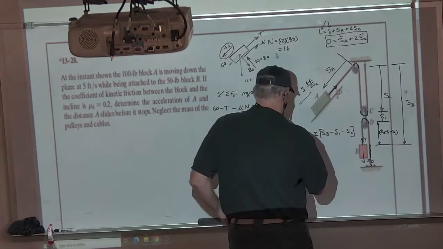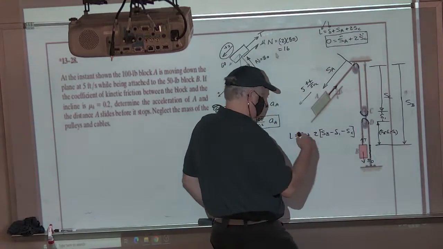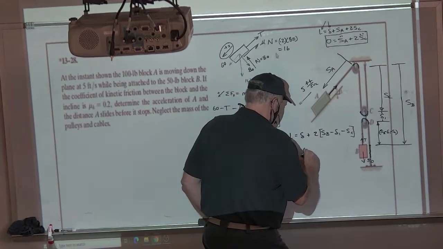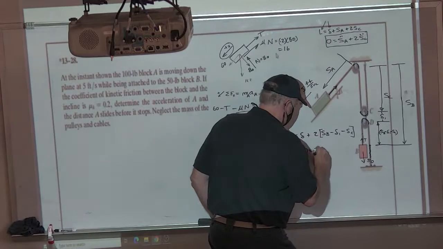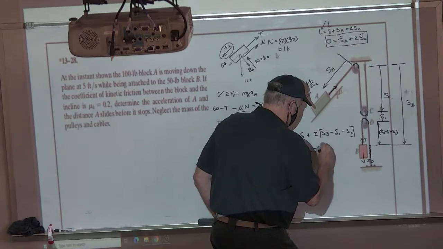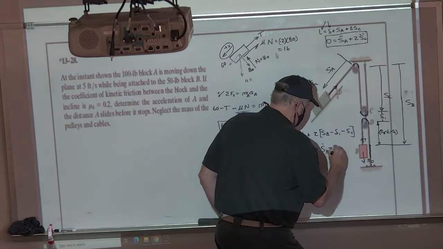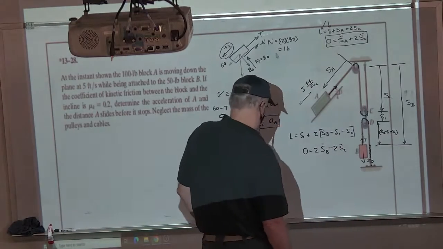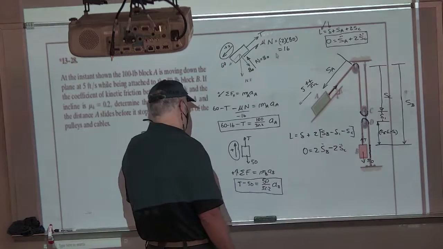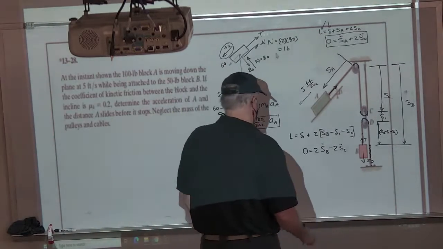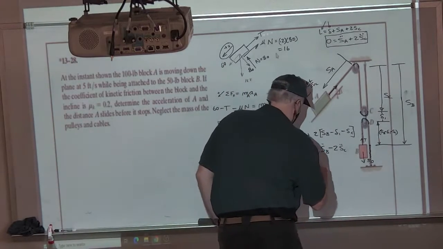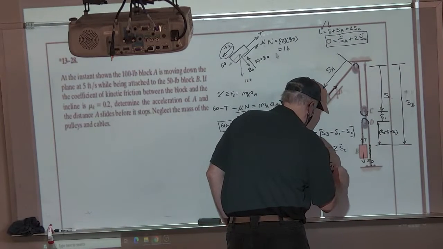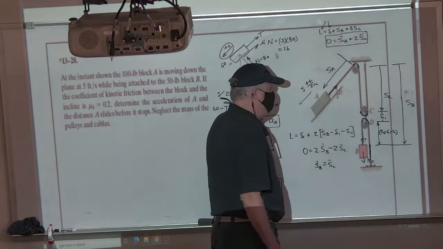Now, the problem is there are two of these. I still got to put my delta. Now, take two derivatives down, and you'll get this times 2 SB double dot, and this 2 SC double dot. Now, what this means is I can move one of these to the other, and SB double dot is equal to SC double dot.